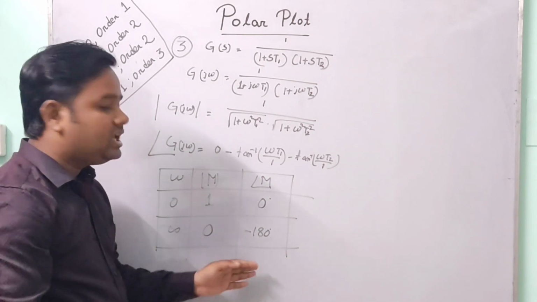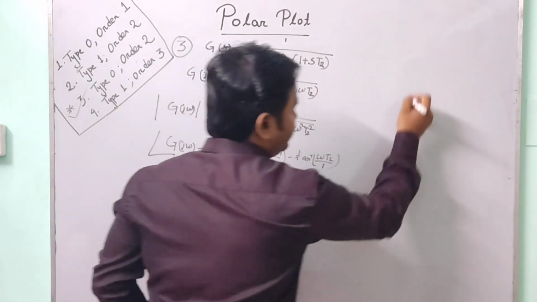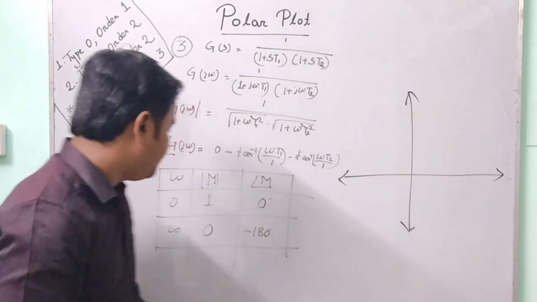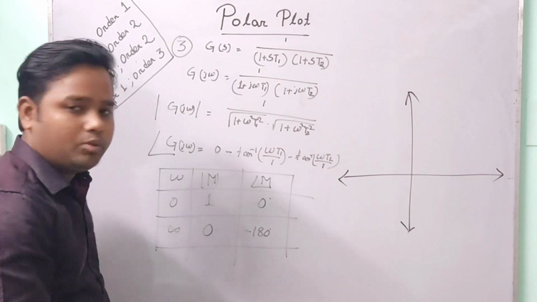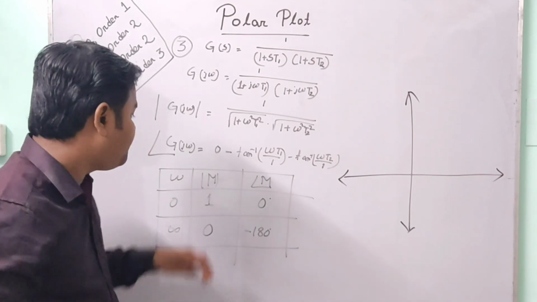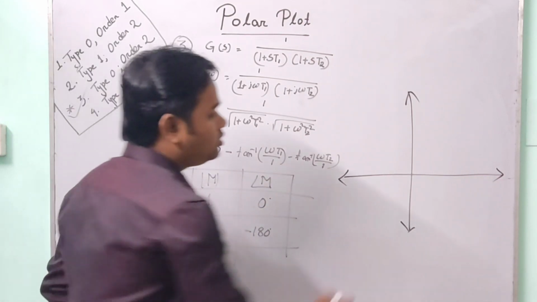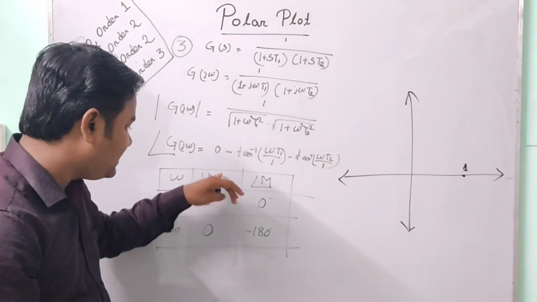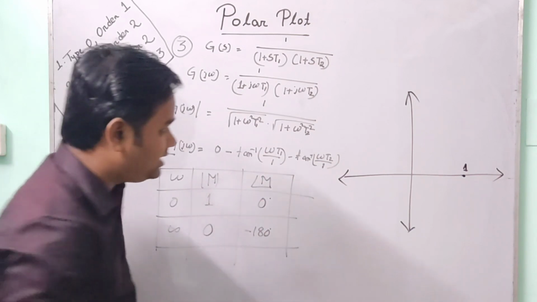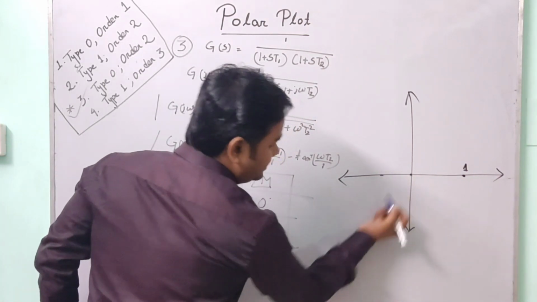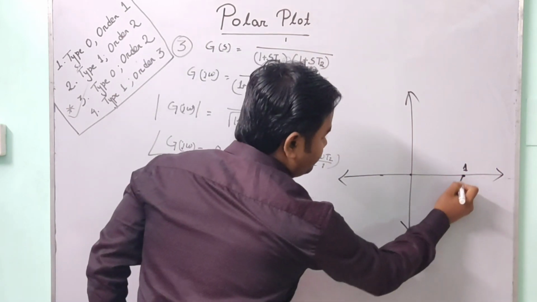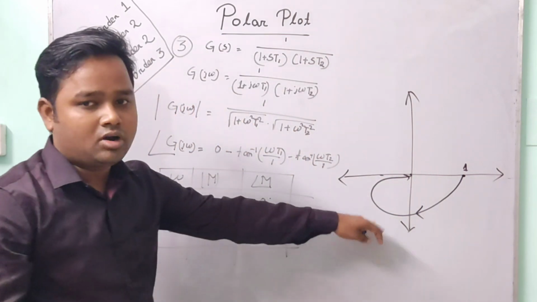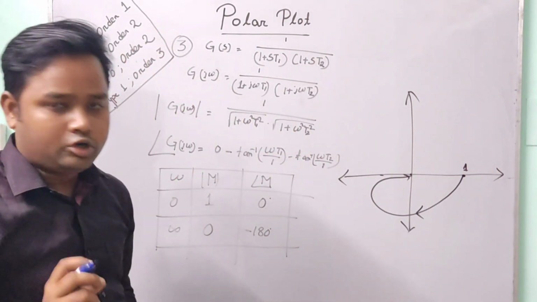From this table, if we plot the polar plot, the plot starts from omega equal to 0 and ends at omega equal to infinity. So at the starting point the magnitude is 1 and the angle is 0 degrees. The ending point will be at magnitude 0 and angle minus 180 degrees. So the graph will be like this. This is the polar plot for a type 0 order 2 system.